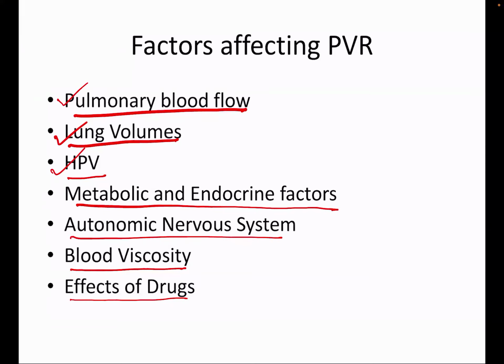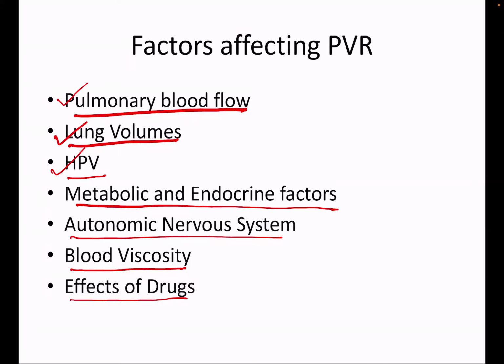Now coming to the metabolic and endocrine factors. Several vasoactive agents which are secreted normally in the body, like catecholamines, arachidonic acid metabolites and histamine, all these actually increase PVR.